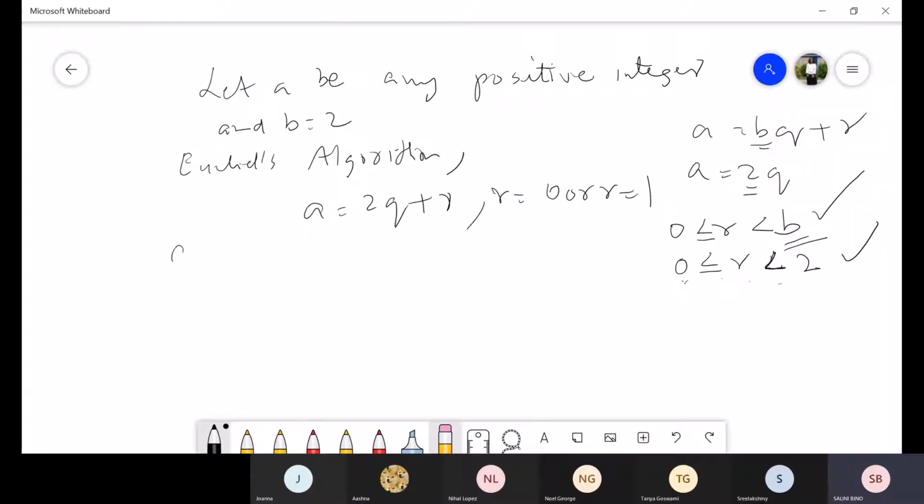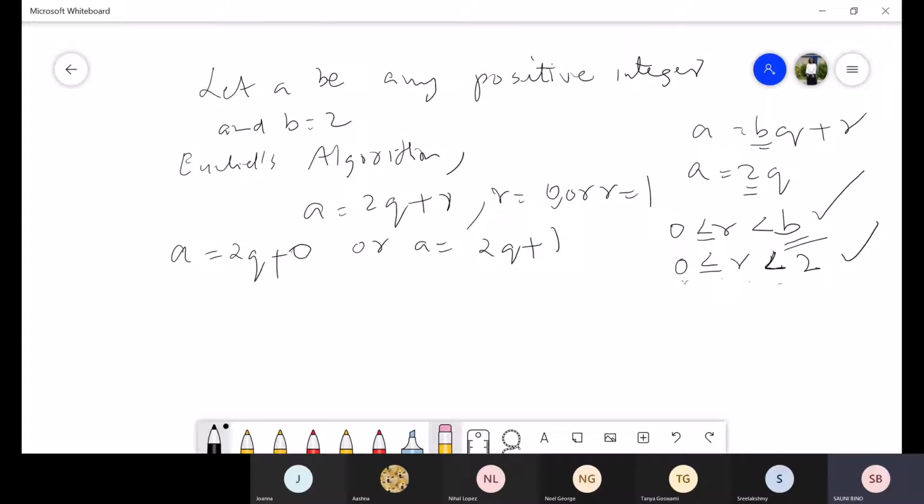Now listen. A will be equal to 2Q plus R, first you give R equal to 0, so it will be 2Q plus 0. Or you give R equal to 1, then it will become 2Q plus 1. So what did you understand now?